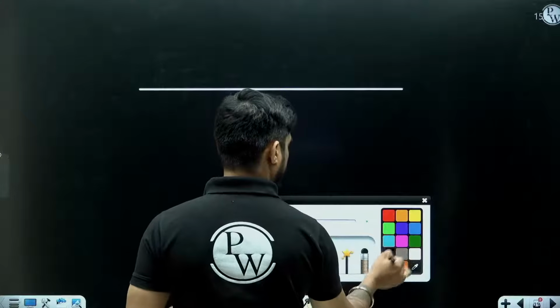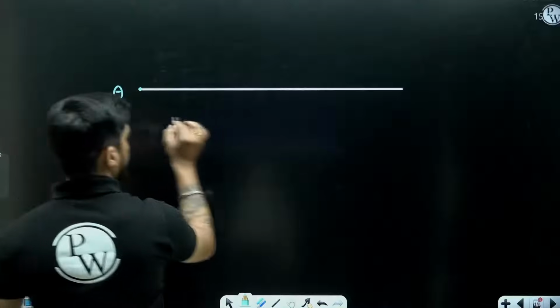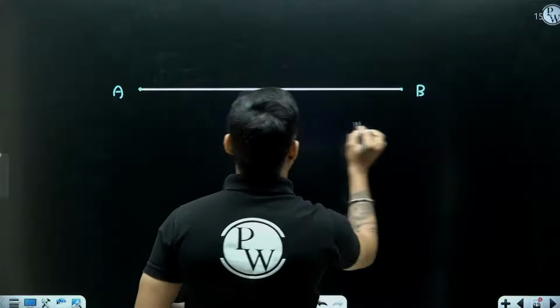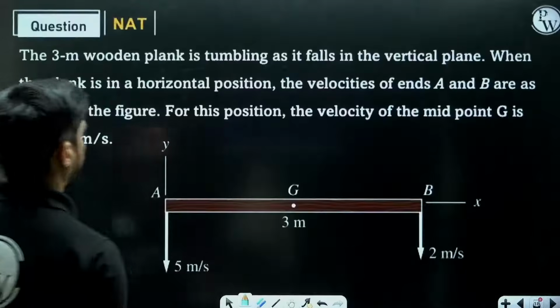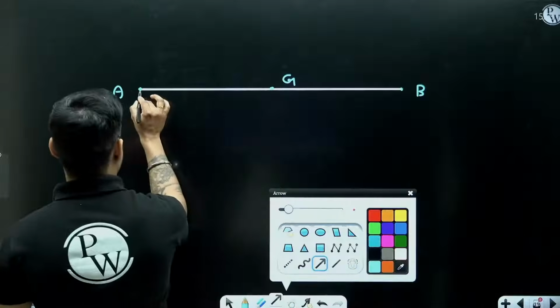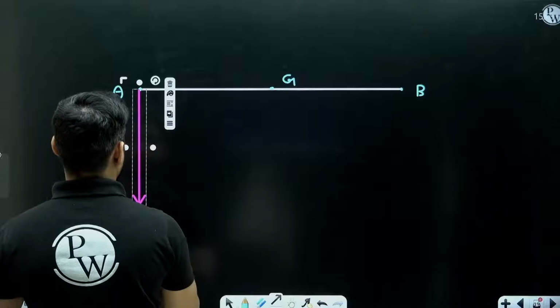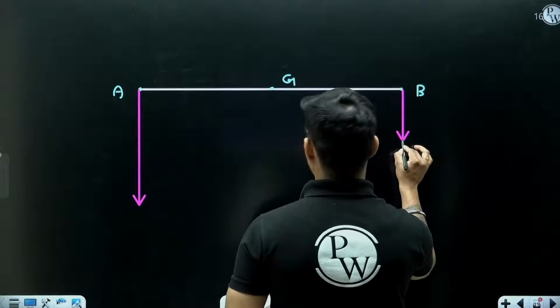This is point A, this is point B, and this is point, let's say, G. The velocity of A is 5 meter per second and the velocity of B is 2 meter per second.